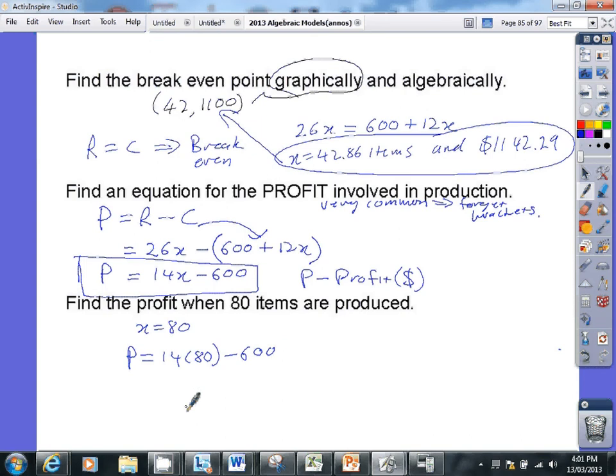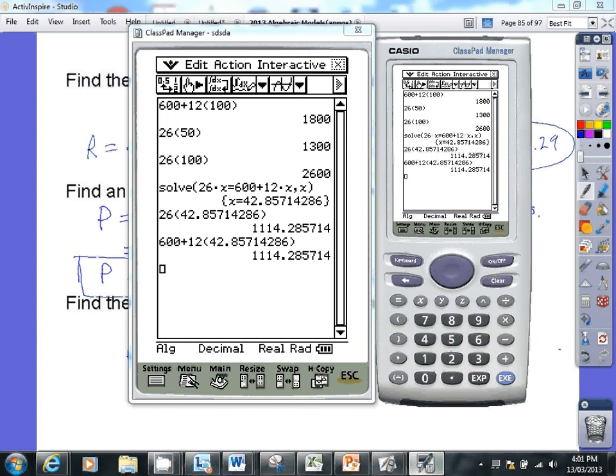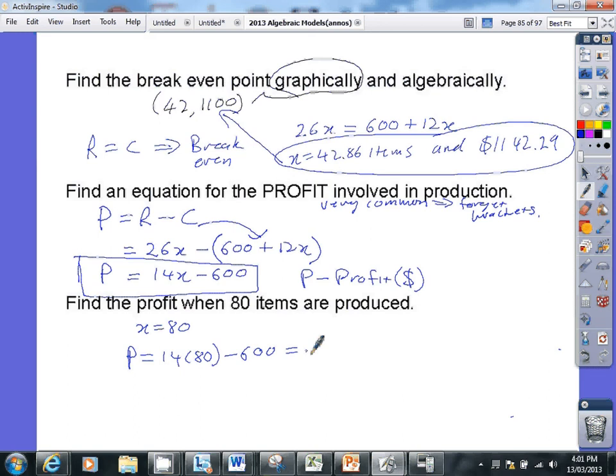We've got an equation for profit, so you can find what the profit will be for any number of items that are produced. $520. Okay, so there it is.